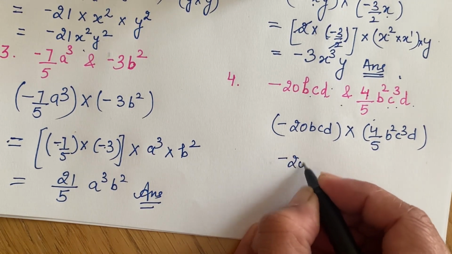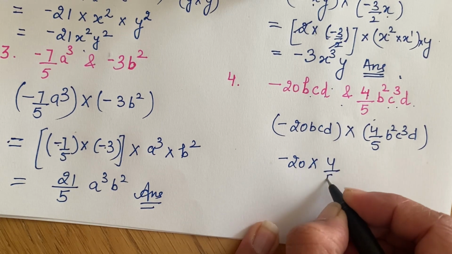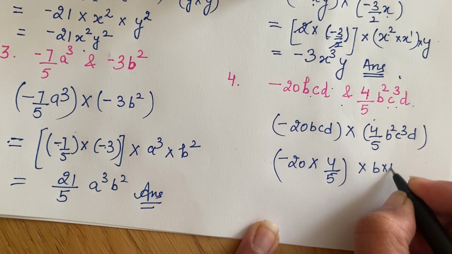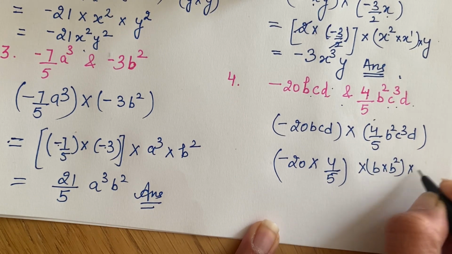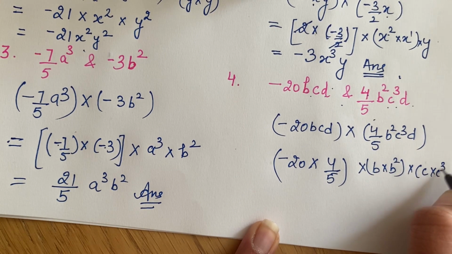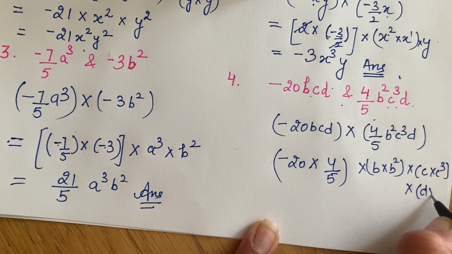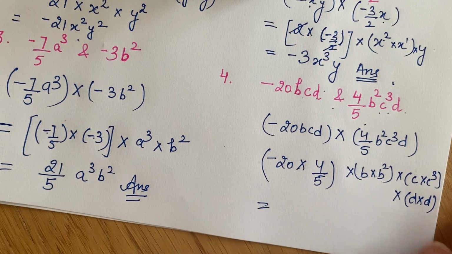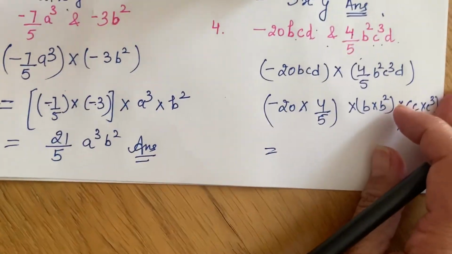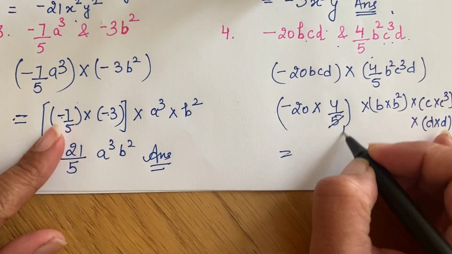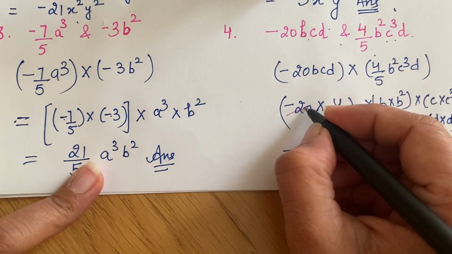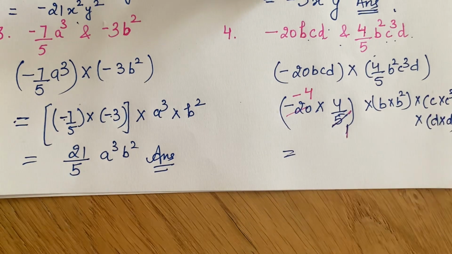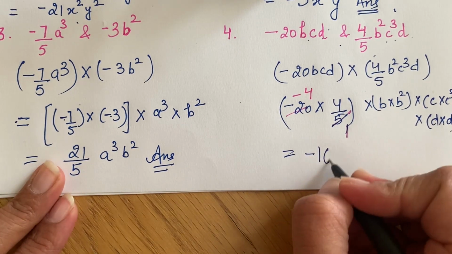So the first step is to write the coefficients, then common bases, in this way, right? Now can you cancel it here? Yes, we can cancel. 5 ones are 5, 5 minus 4s are 20. Right, so it will become minus 16.